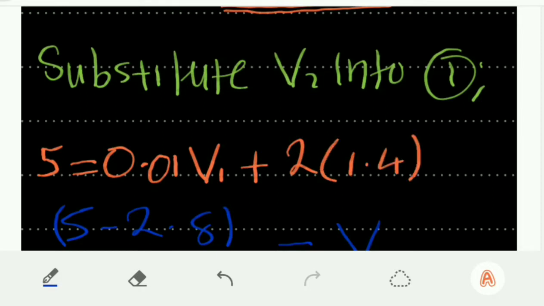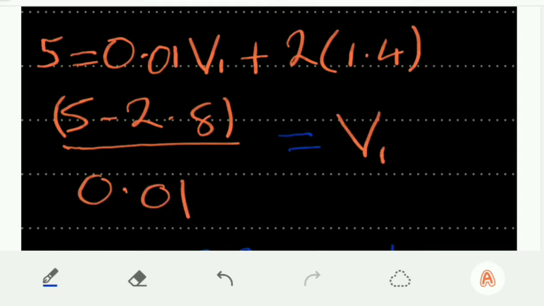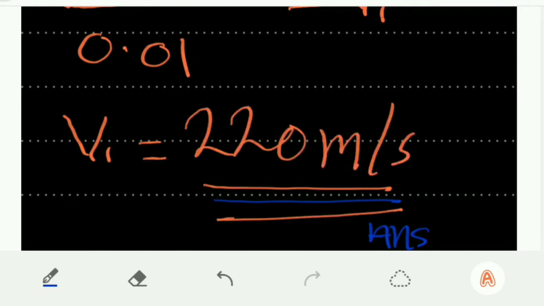Now if we work that out to solve for v1, this is what we're going to have here, giving us v1 as 220 meters per second.